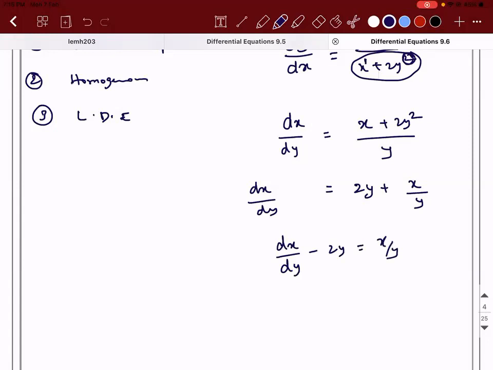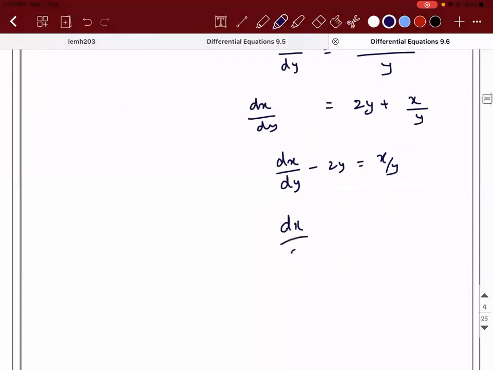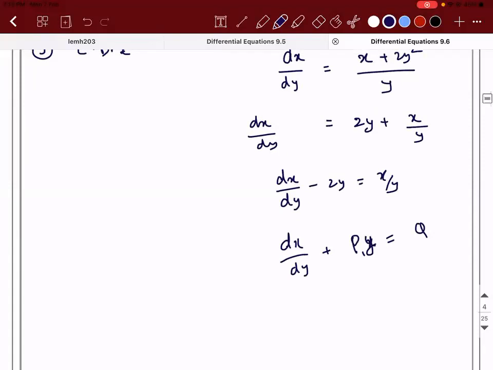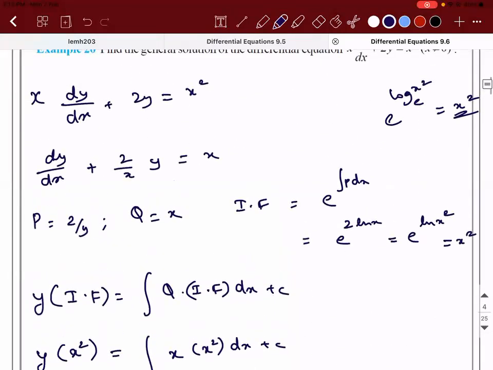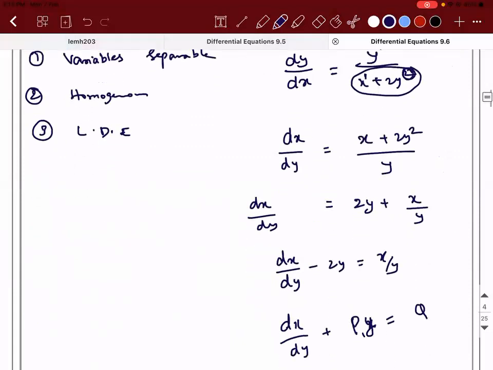Now think about this. This is of which form? Dx by dy plus p1x is equal to q1, sir. Wait, I made a mistake.